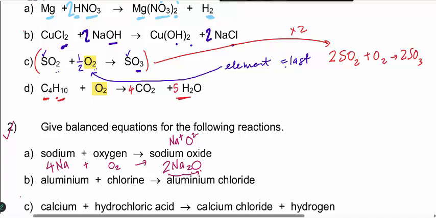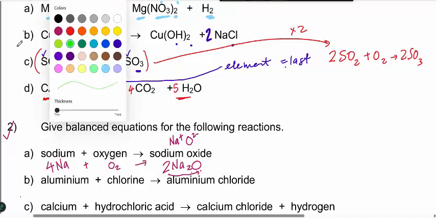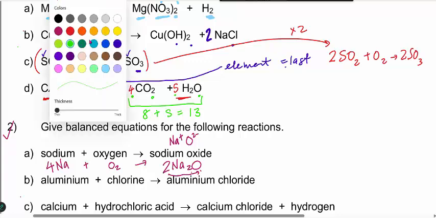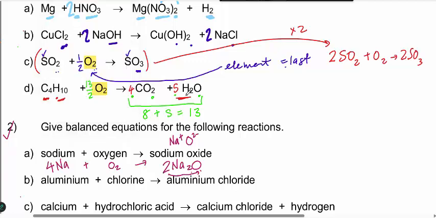Oxygen, yeah. So now we count the oxygen at the back. Don't count wrong, 4 times 2 is 8 plus 5. 8 plus 5? 13, right? So here, 13 over 2. Ta-da! So easy, right? If you want to do it one by one by one, trial and error, wow, it would take you 2000 years.